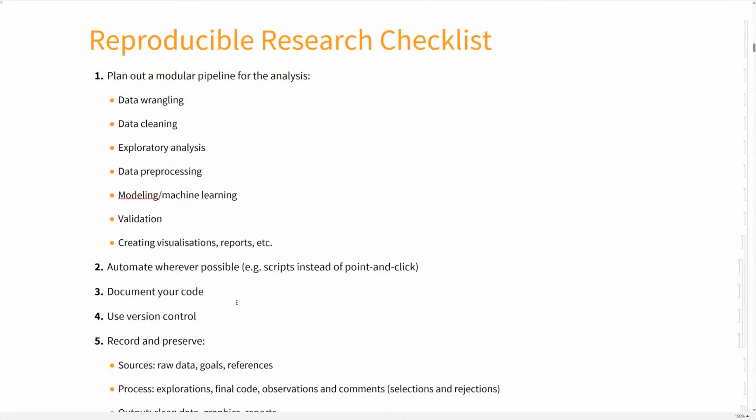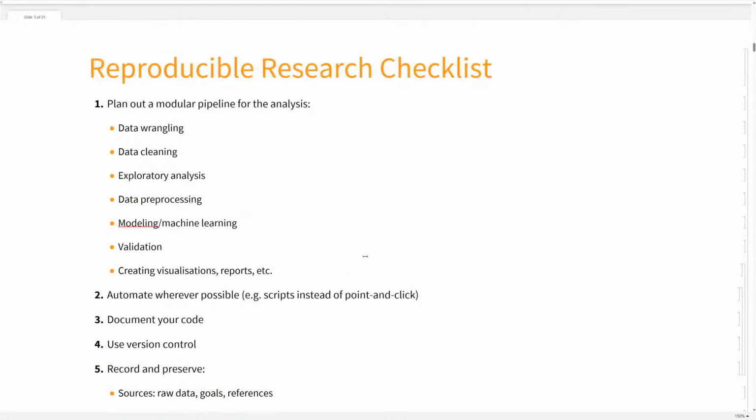All right, so here is the reproducible research checklist. First of all, good planning helps. I would say having a mental map in your mind or writing it down will help you understand what the workflow should be. So the first step is to plan out a modular pipeline for the analysis.